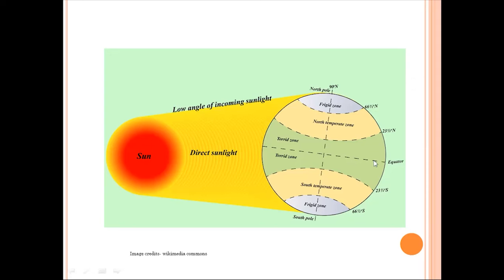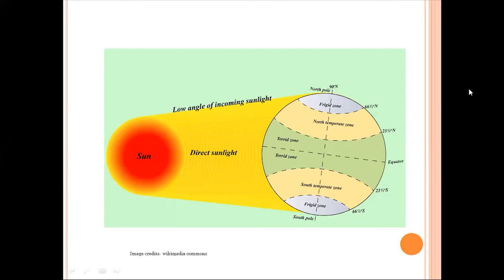Then at the subtropics, that is up to 23 or 30 degrees north and south, comparatively the temperature is lower than that of the equator. Why? Because the sun's rays reach this area at an inclined angle. Therefore, the temperature is low.